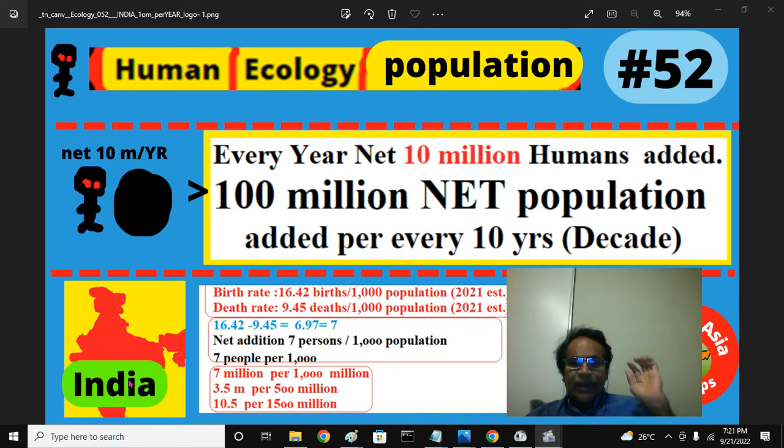This is a net population growth. Every year, net 10 million humans are added. That means more than 100 million net population is added per decade, 10 years. So that is the topic I will be going to discuss today.